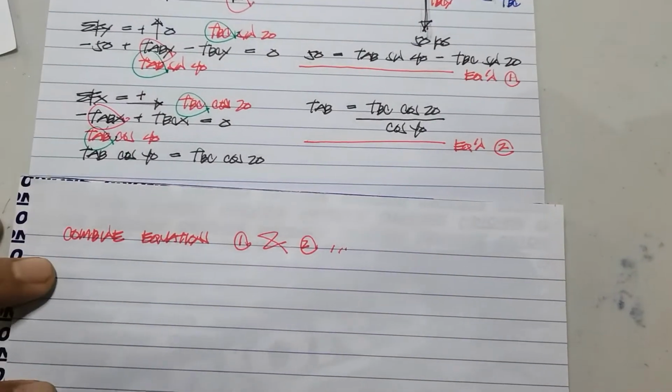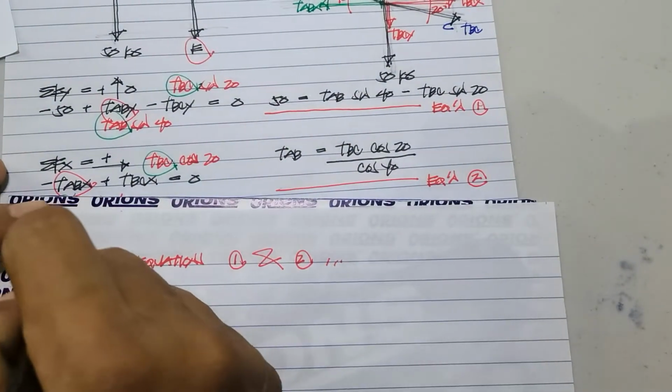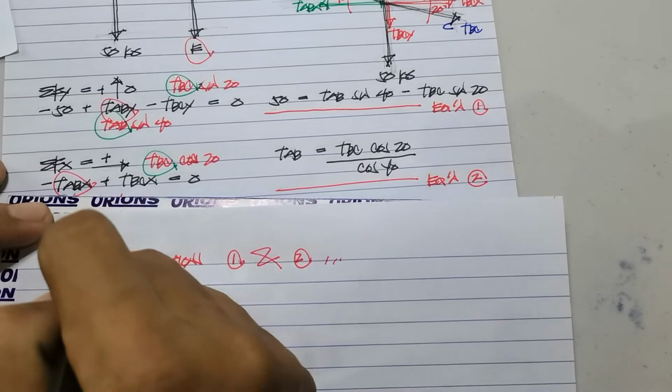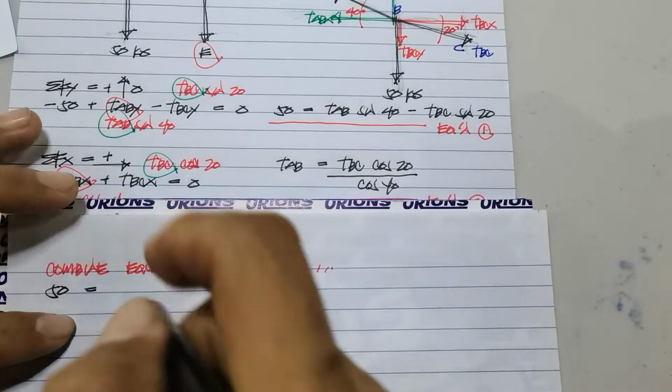So, equation number 1, list down ko siya. So, you have 50 is equivalent to TAB. So, yung TAB, papalitan natin ito. So, you have what?